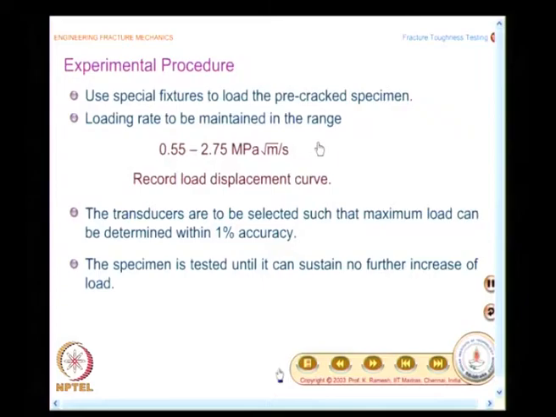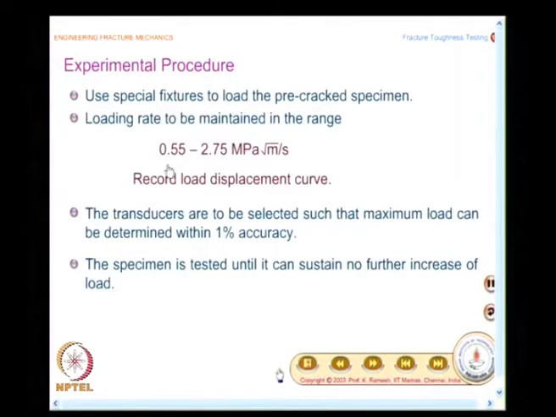In all our discussion, we have said we have to load it gradually. How gradual is it? A code gives you the recommendation. You have to record the load displacement curve. This is very important. Only from that would we be in a position to evaluate the parameters needed for fracture toughness determination.